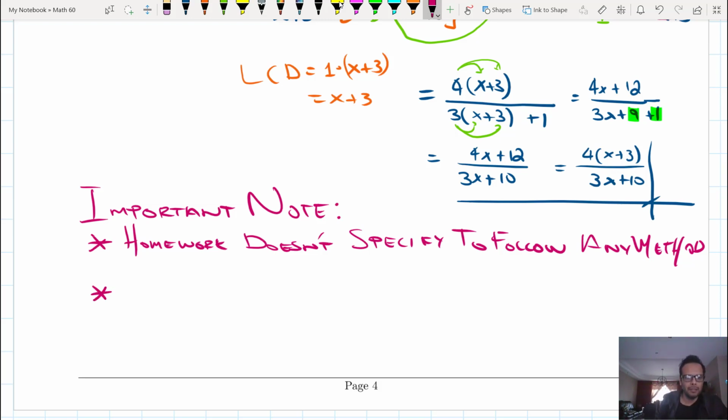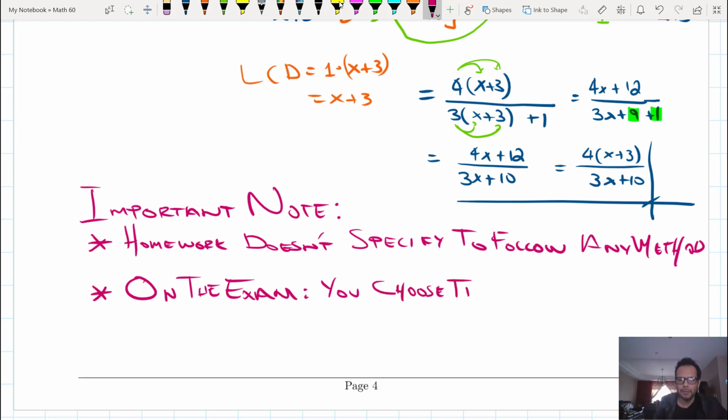On the exam, good question. On the exam, you choose the method. Right, you pick your poison for the exam.